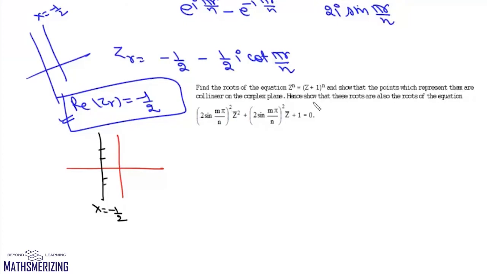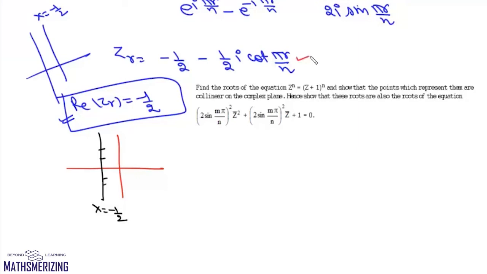Now the second part is, hence show that these roots are also the roots of the equation 2 sine (m pi by n) whole square z bar square plus 2 sine (m pi by n) whole square z bar plus 1 equals 0.